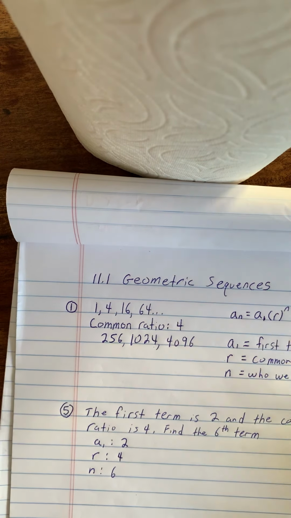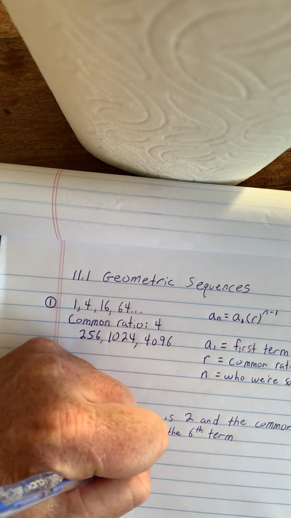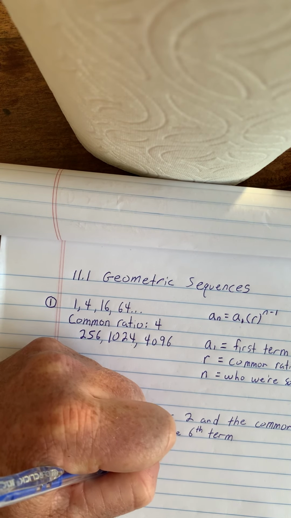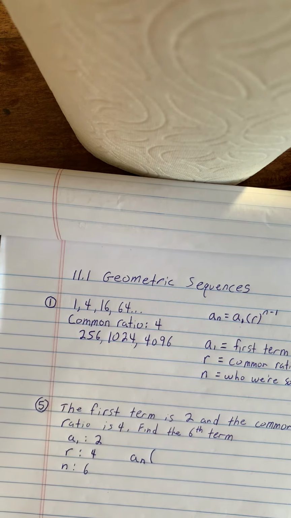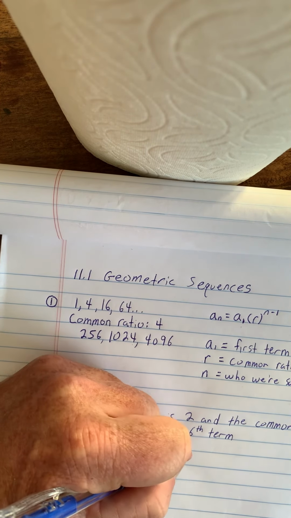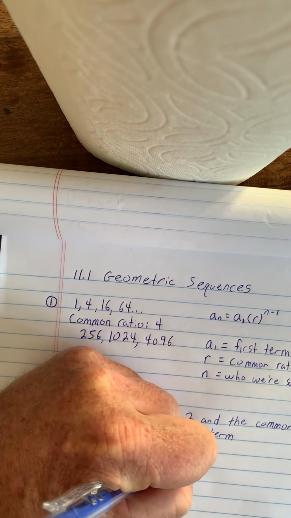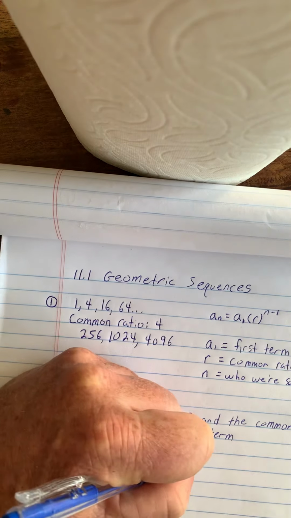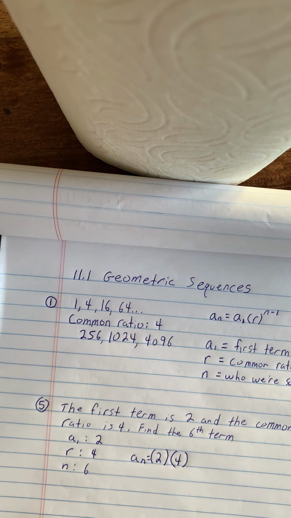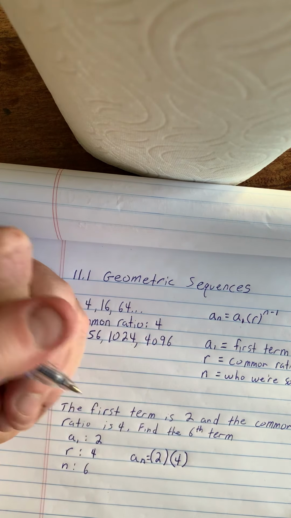Now, here's the question you have. Let's go to our formula. We're going to solve for the nth term: 2, first term, common ratio, 4, and now watch this. I put who I'm solving for in the exponent.